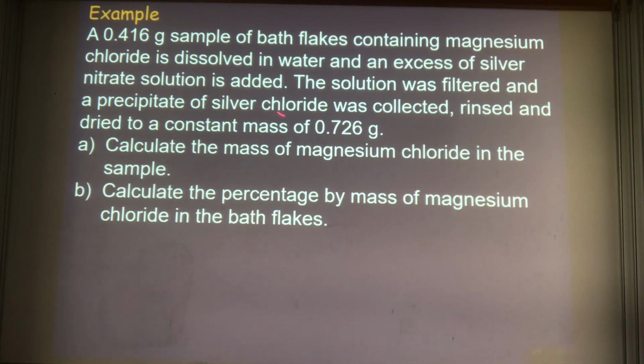So once we get that precipitate produced, we can collect it, we can filter the solution to get out the silver chloride, we can wash it, dry it and weigh it, and work out the exact mass of silver chloride produced. So once we know the mass of silver chloride produced, we can then go back and work out the mass of magnesium chloride that must have reacted using stoichiometry.